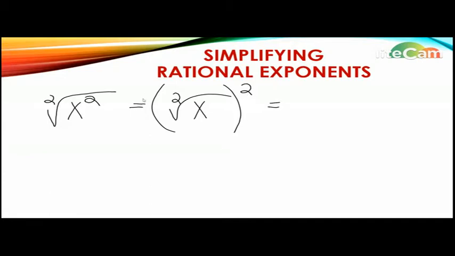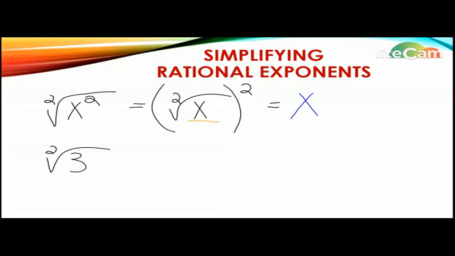You might see this format more in some of our problems. So what is the square root of x squared? Basically, we've talked about this before in the last chapter. The square root of something squared is just what's under the radical. So the square root of x squared is just x.